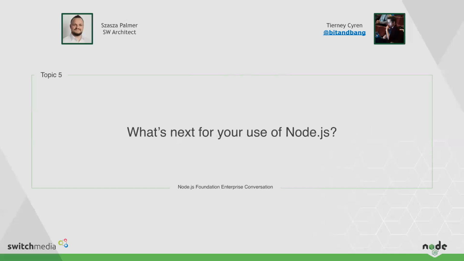Sure. So apart from using Node.js for an API gateway purpose, we also use Node.js in AWS Lambda. So we just use it for probably simpler solutions. For example, processing data streams that come from Kinesis and then pushing it somewhere else.